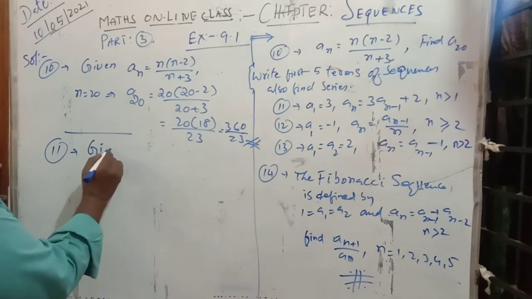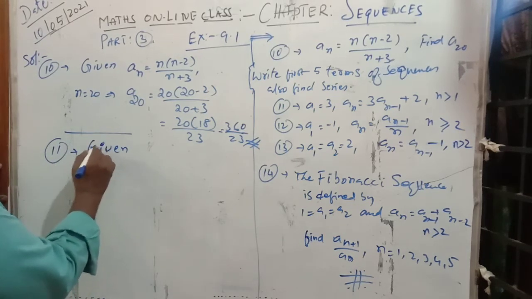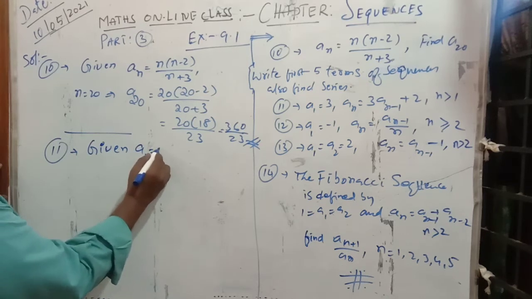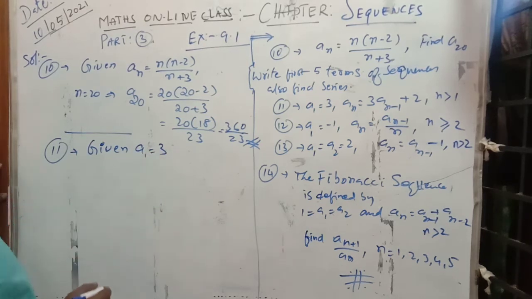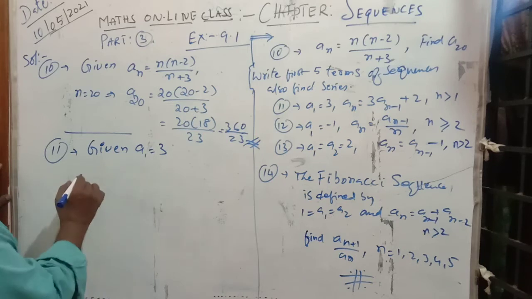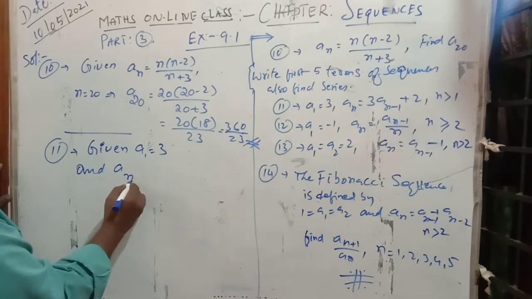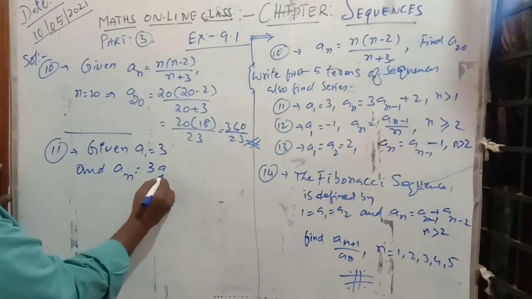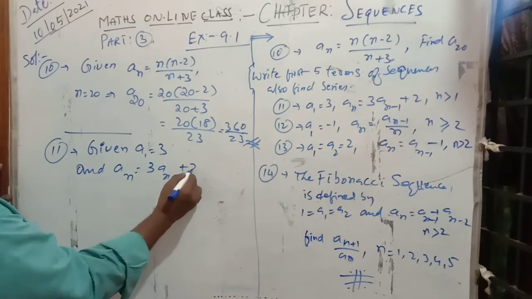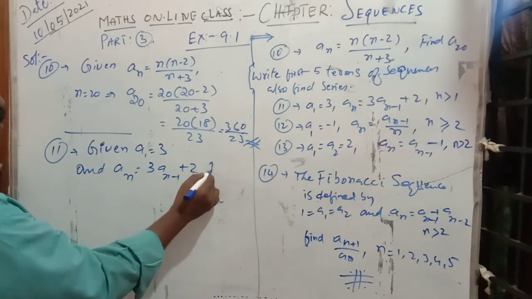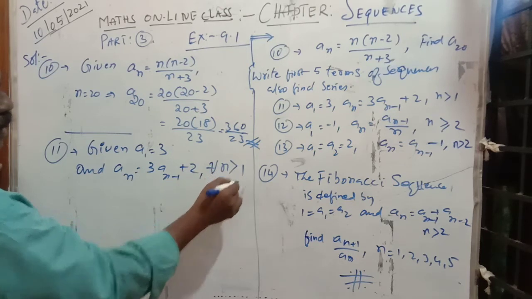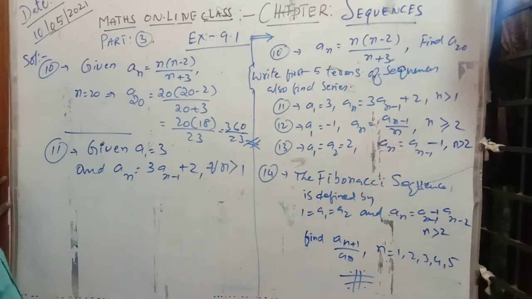What is given? A1 is equal to 3, and again an is equal to 3 an minus 1 plus 2, where n is greater than 1, n is not 1.